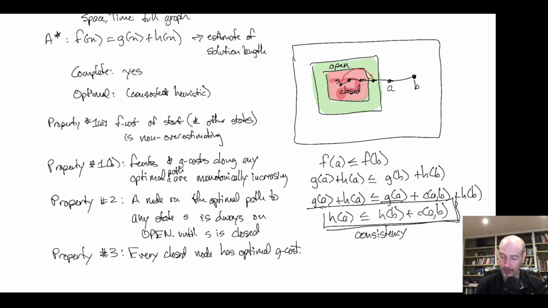And the key here is that if there is a shorter path, then what has to happen? Well, because we know from property 2, a node on the optimal path to here is always going to be on the open list. If I'm trying to expand this state right now, but it's not optimal, then there must be some other state back here which is on the optimal path, which is on the open list. And if we think about that state, we can break down what is going on.